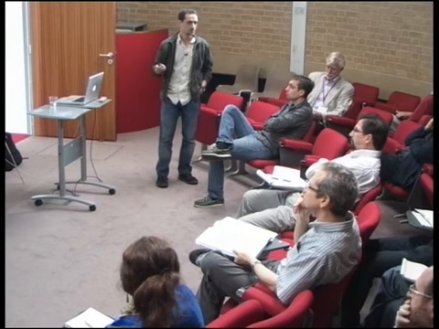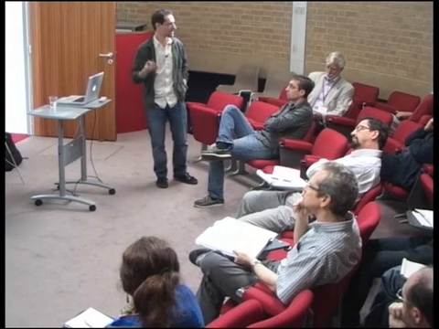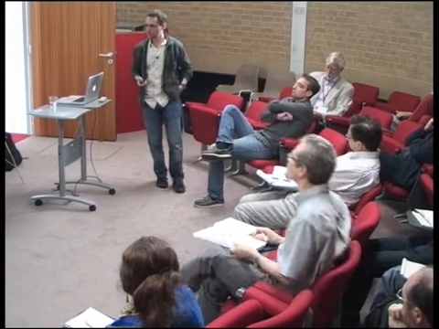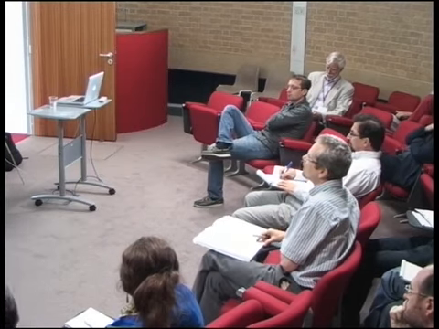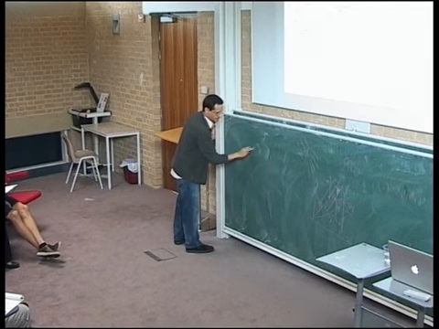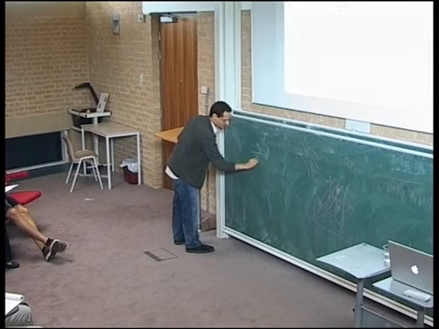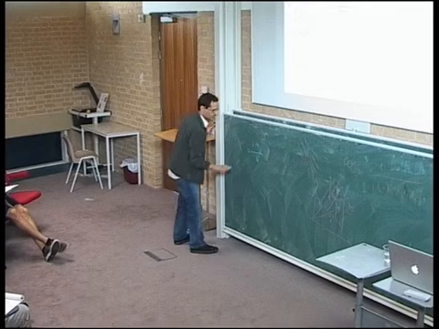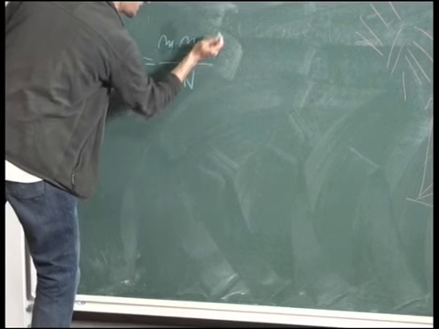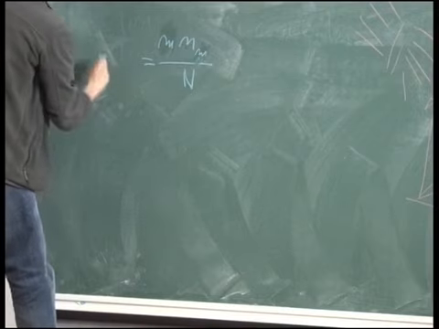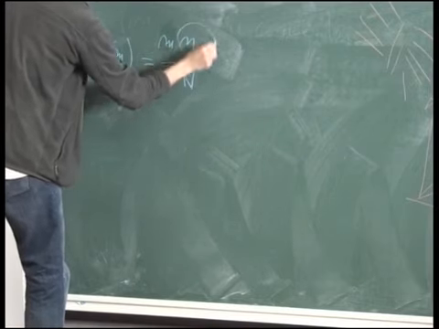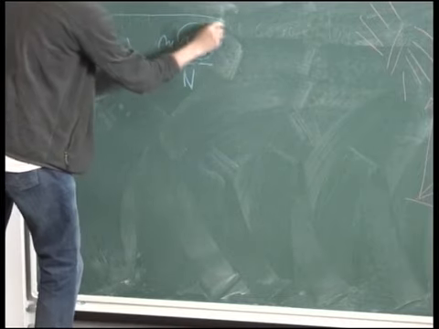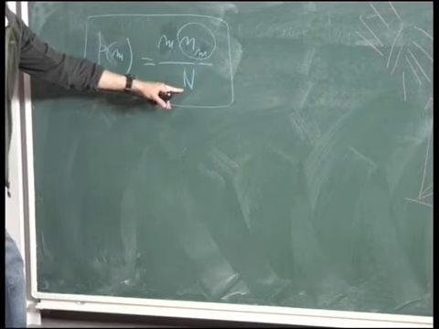So it's not the number of clusters of mass m that you have in the system, which is sometimes a source of confusion. It is n_j, the number of clusters of mass j, multiplied by j divided by N. Some people call the number of clusters the cluster size distribution; I call the cluster size distribution this object, P(m). And N is the number of particles in the system.